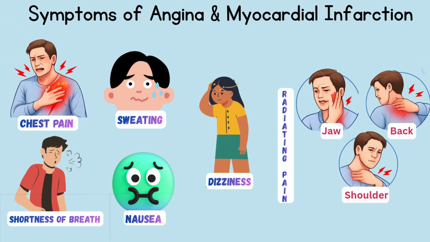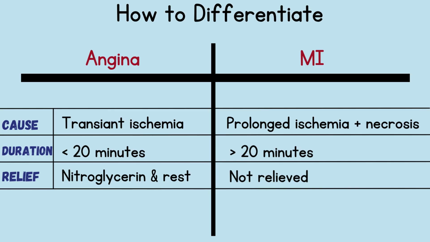Now let's look at the common signs and symptoms seen in both angina pectoris and myocardial infarction. Patients may present with chest pain or chest discomfort, sweating, shortness of breath, nausea, dizziness, pain radiating to the jaw, shoulder, arm, or back. Keep in mind that many patients describe the sensation as pressure, heaviness, squeezing, or tightness rather than sharp pain.